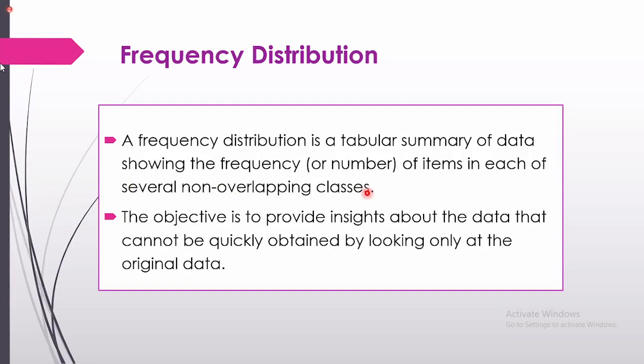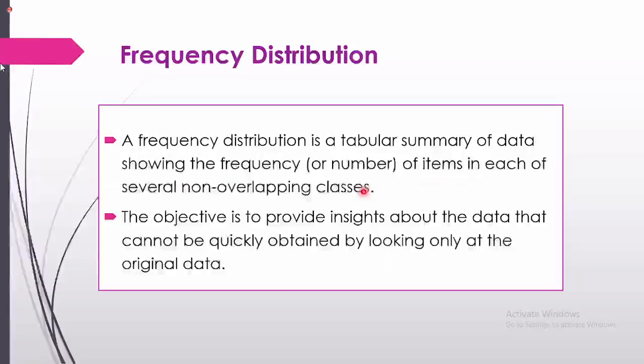non-overlapping classes, right? So frequency means how many times each and every class, the categories, occurred. How many times the particular category occurred, right? The number of items in each of several non-overlapping classes.